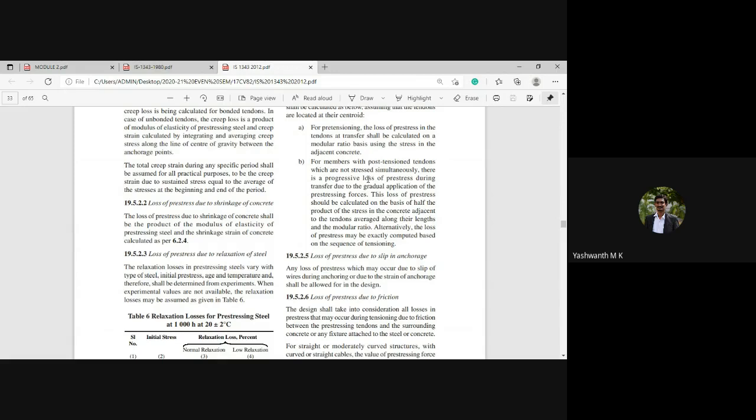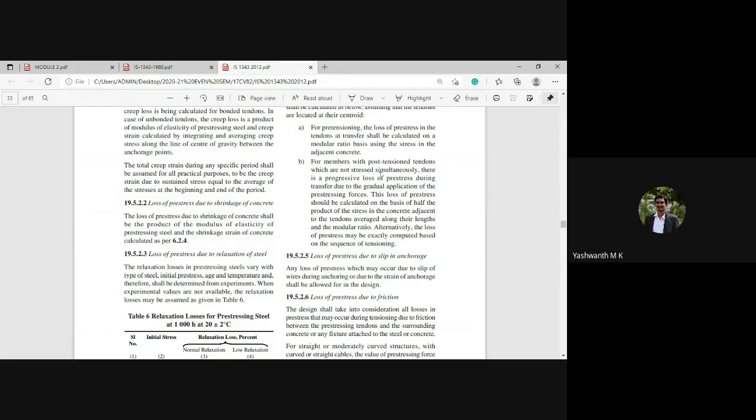That means the same formula we are going to use. If the cables are not stressed simultaneously, that is, if the cables are tensioned one by one, then we need to use the formula modular ratio multiplied by the fc value.